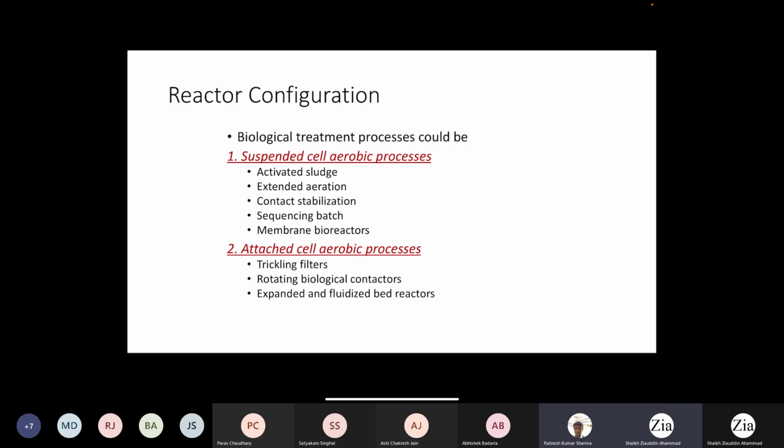In a fluidized bed reactor, you need to fluidize the granules. The only problem is that in aerobic systems, the granules are not very compact. They're a little bit fragile and sensitive to shear stress. That's why in a fluidized bed reactor, aeration is done in a separate chamber. Suppose this is your fluidized bed reactor.